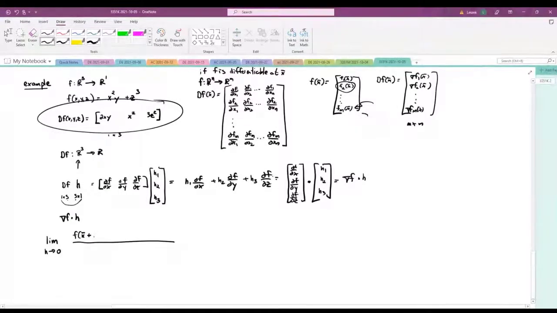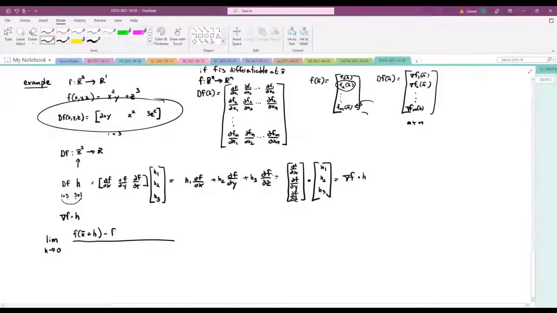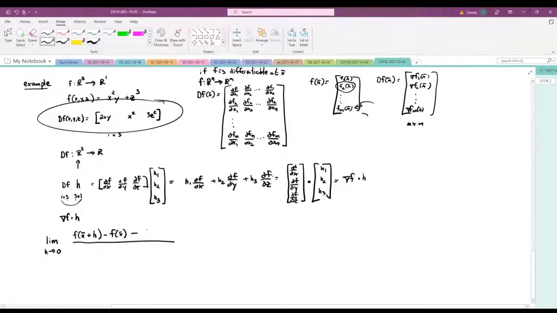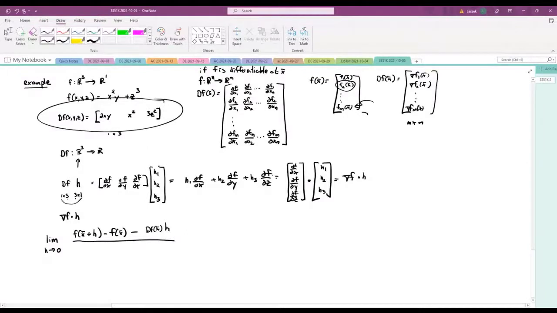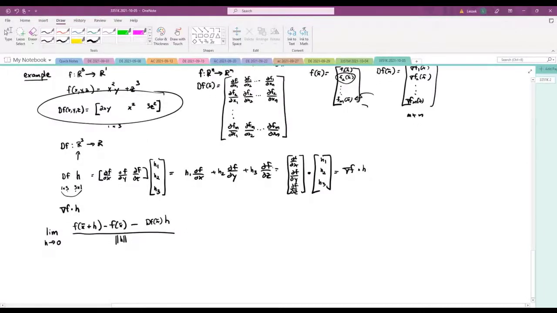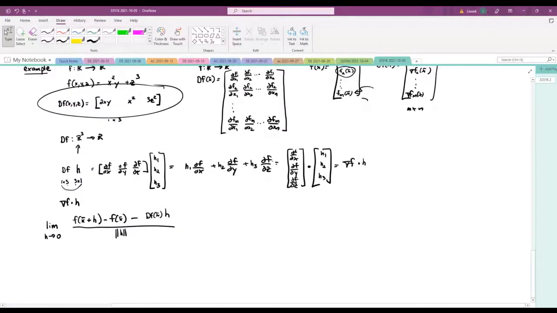Probably not the best notation. So here we think that this differential operator at x should act on h by simply multiplying it from the left. We're going to try to prove that this limit is 0.